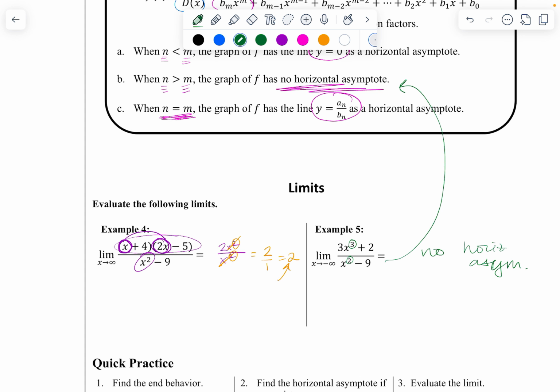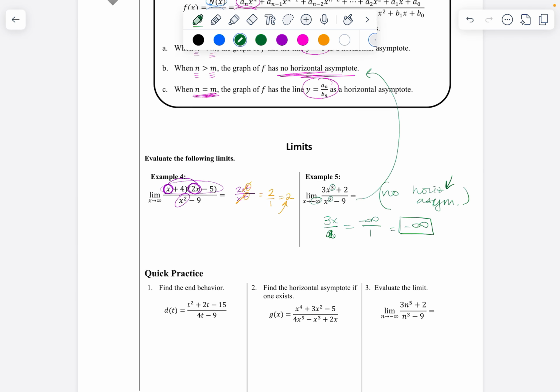If I'm looking at that limit, that would be like going to 3x over x, which would be like saying negative infinity. I'm sorry, not over x, just 1x over 1. That'd just be negative infinity. So the limit would go to negative infinity, but there's no horizontal asymptote.